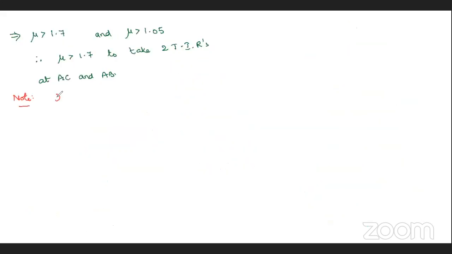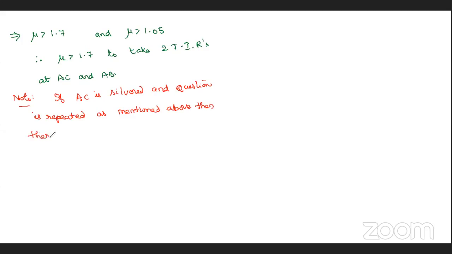If AC is silvered and the question is repeated as mentioned above, then there will be TIR at AB only.